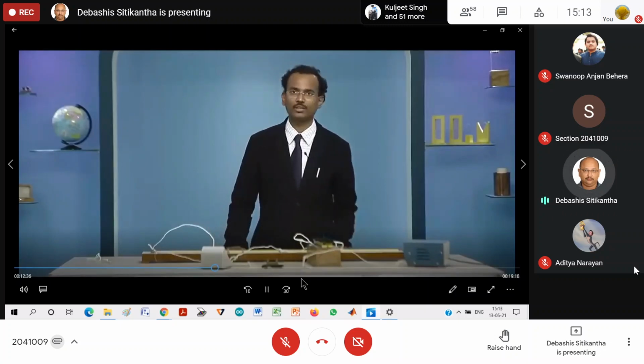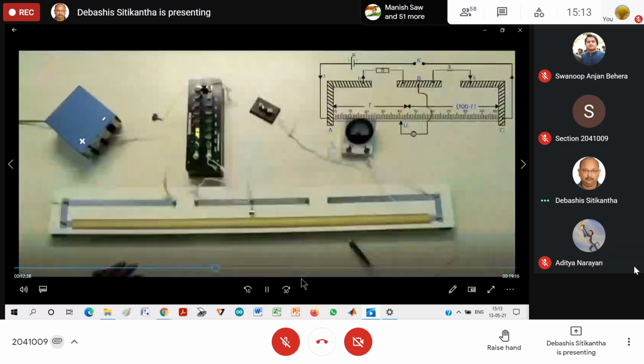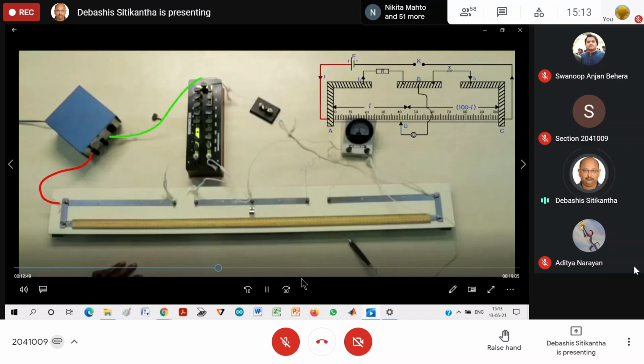Let me summarize all the connections for you once again. The positive of the battery eliminator is connected to the left end of the meter bridge wire. The negative of the battery eliminator we have connected to the other end of the meter bridge wire through this key.